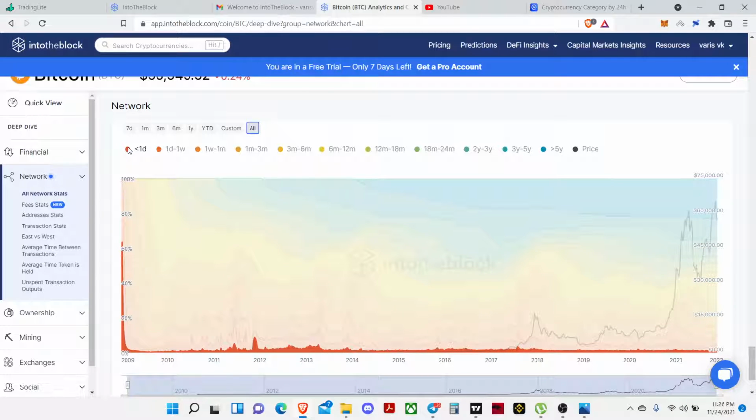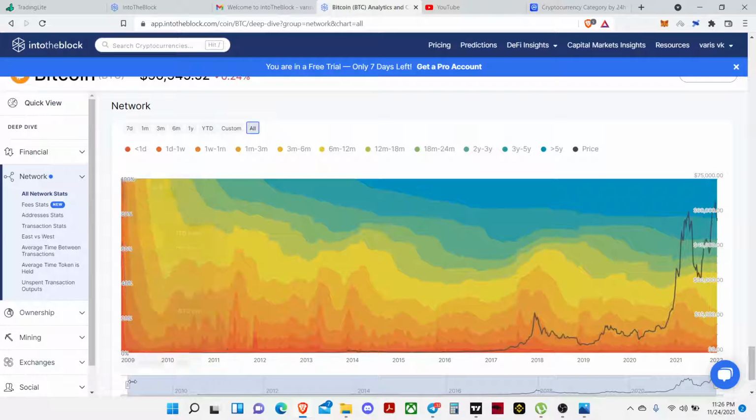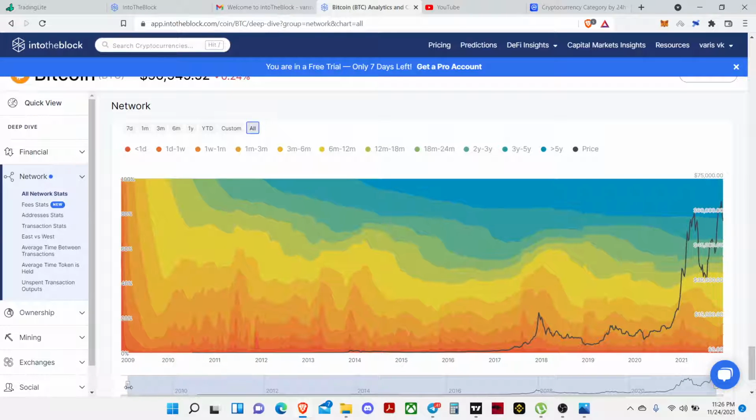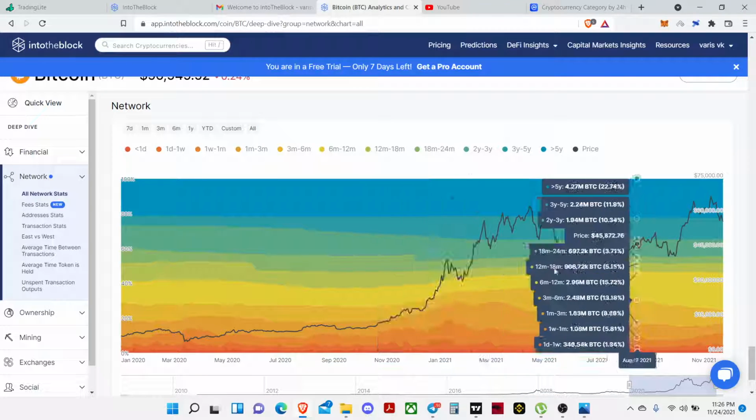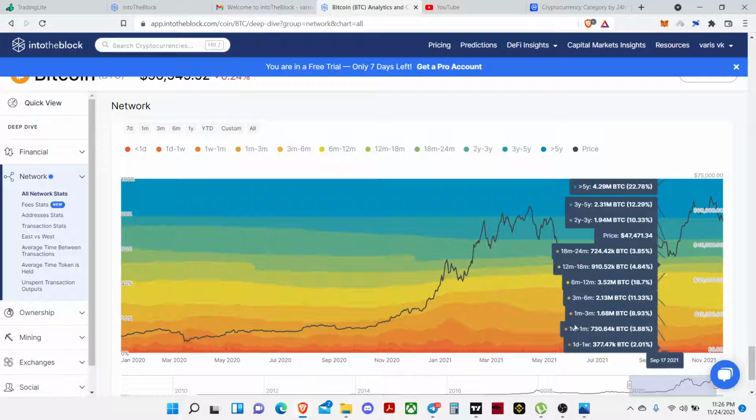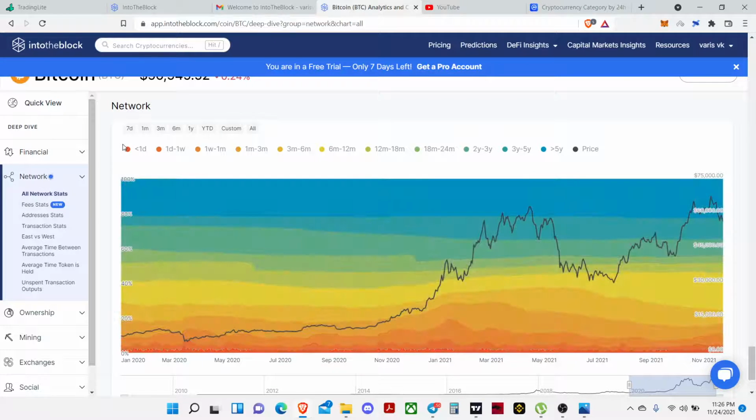There is no big UTXO change recently. You cannot see big changes, so let's have a look at the recent price action from the 2020 March Corona dump. You can see this very clearly. I'm going to check this over here.